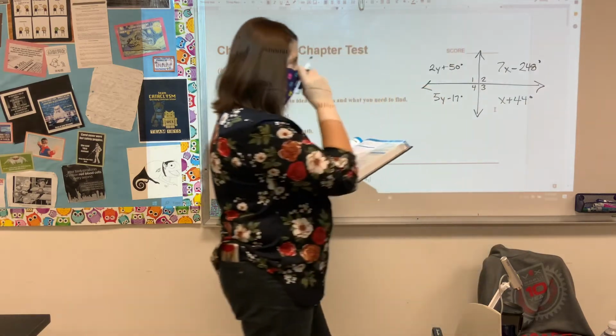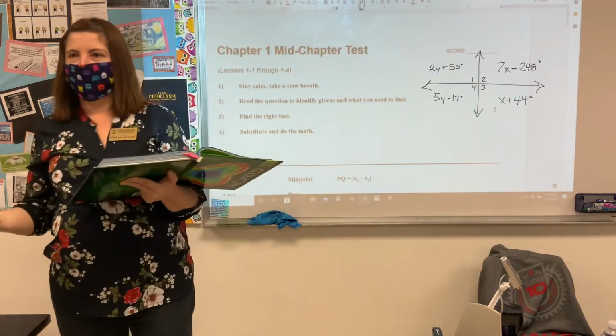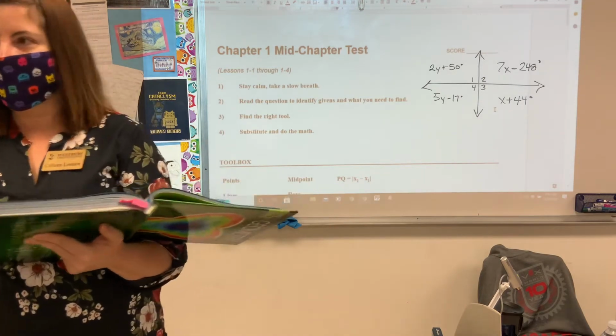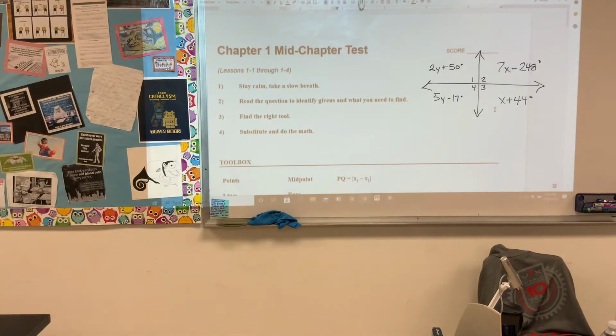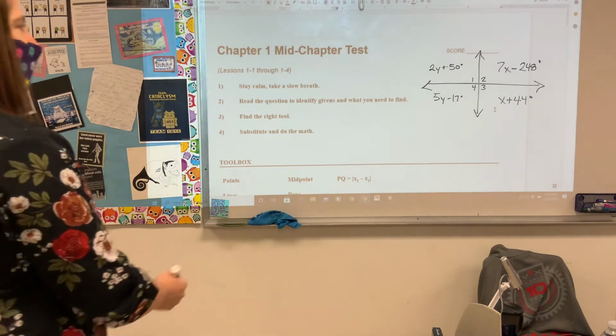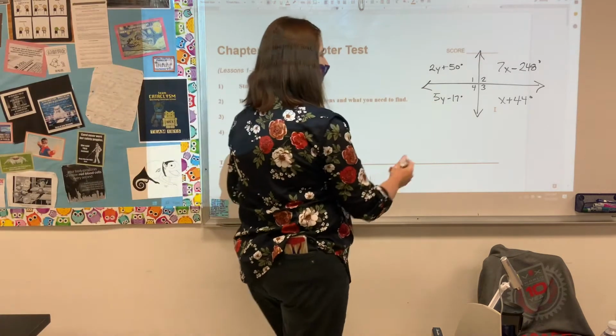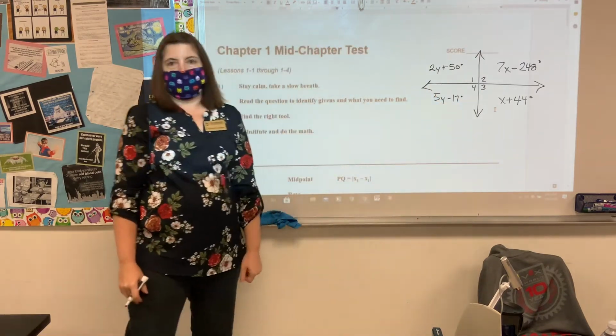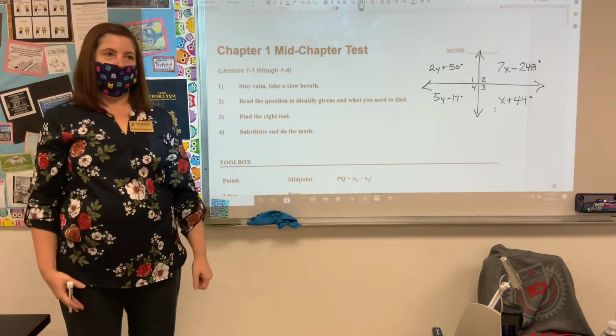Okay? Now, it looks scary because, heck, there's a lot of big numbers and there's 2 different variables. How do I even know where to begin? What do we know about these angles as a whole? Can I say that they're right angles? No, I can't assume that.